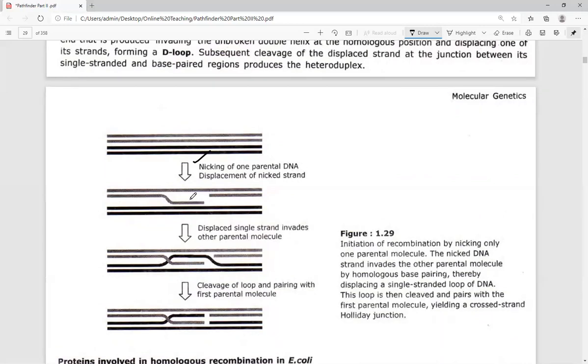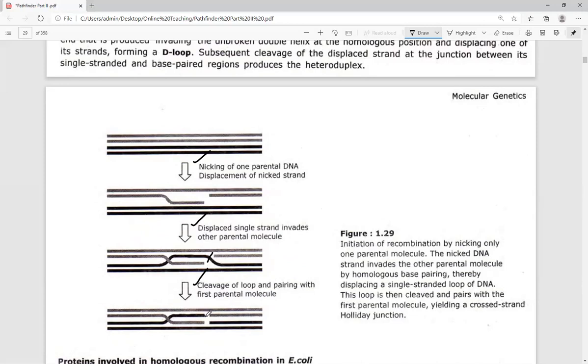It has been displaced. Once it has been displaced, then what will happen? This gray color strand which has displaced the black color strand will move further, leading to branch migration. Final cleavage will also take place at the other strand which has been displaced, leading to the formation of a chi site.